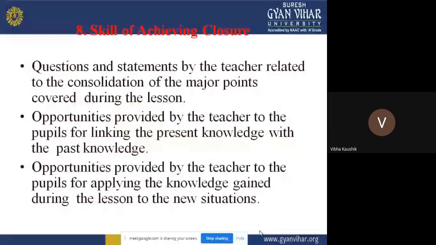Opportunities should be provided so that learners can link their present knowledge with past knowledge, and apply the knowledge they have gained during the lesson to new situations in their life.